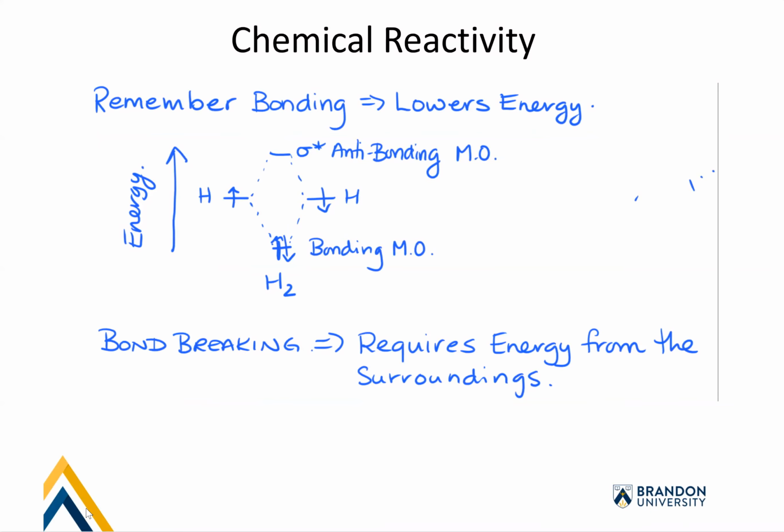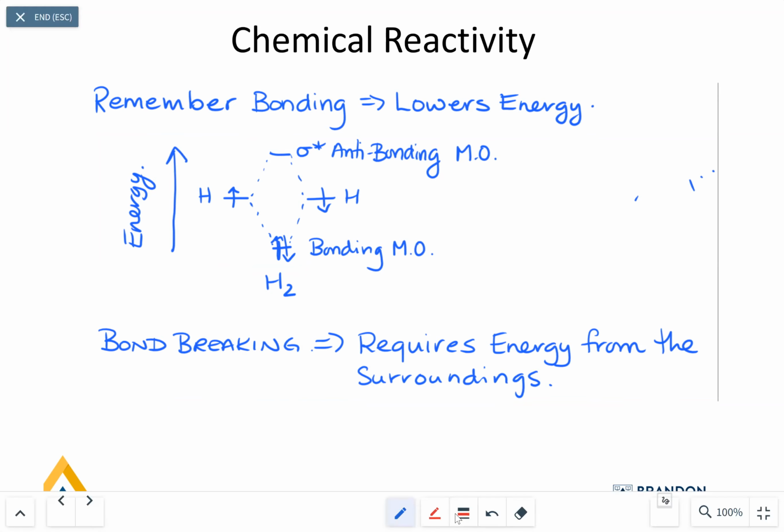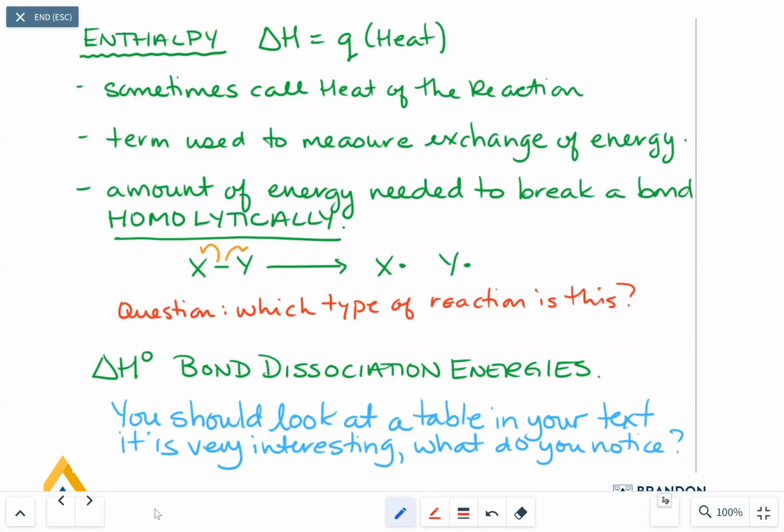So we started chemical reactivity yesterday, and basically what I'd said was that bond making is going to a lower energy state, and it's going to require energy to break bonds. So that was basically the little start of this. And we talked about enthalpy.